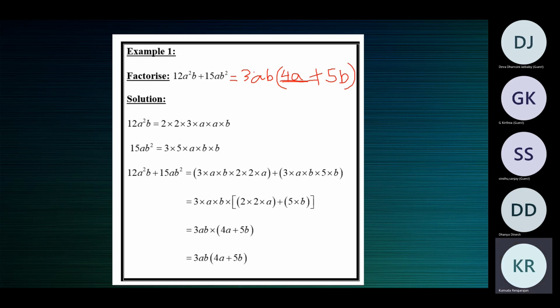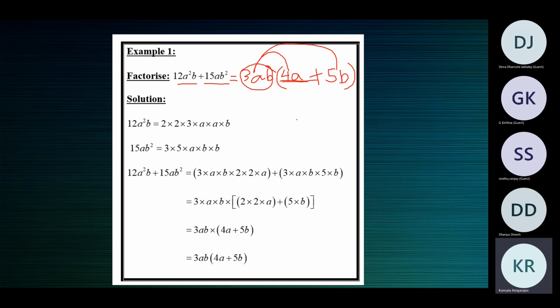When you multiply this and this, you must get the first term. When you multiply this and this, you must get the second term. And what is here is the highest common factor. The highest common factor for two numbers you can find.